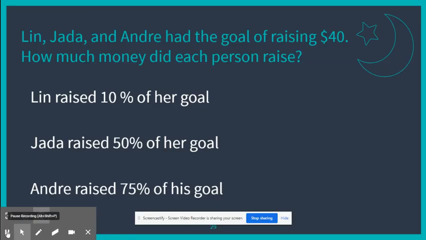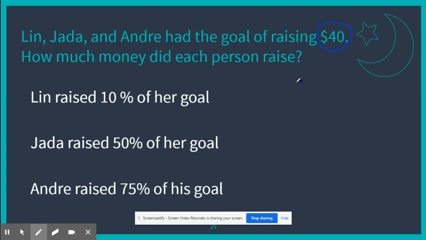Now you're going to do some practice on your own. It says Lynn, Jada, and Andre had the goal of raising $40. How much money did each person raise? So our whole number is $40. And our first step is always to divide.